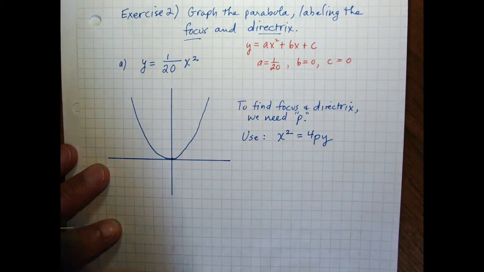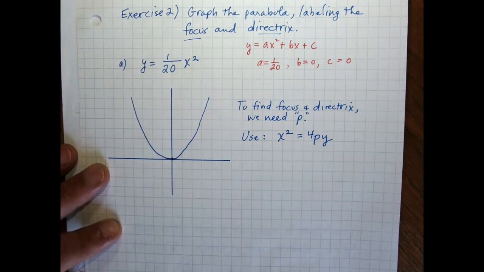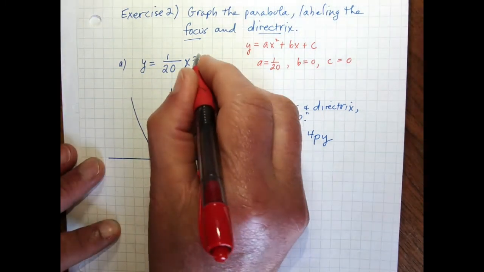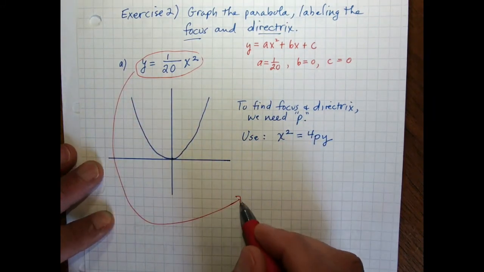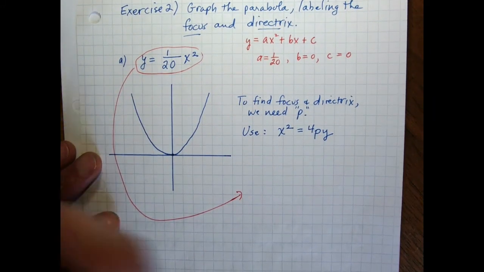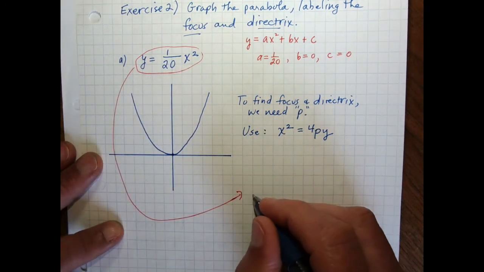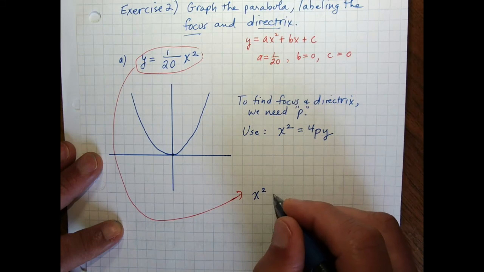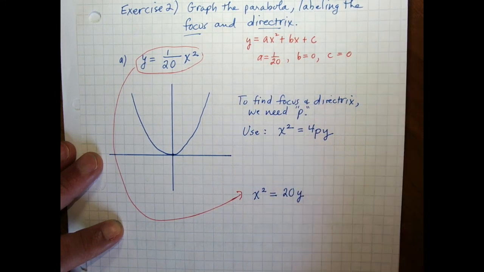To make use of this, I need to take my equation and convert it to that standard form, right? So I'm going to bring that around here, and I think you can see we can multiply both sides by 20, and I can get that equation into the form x squared equals 20y.